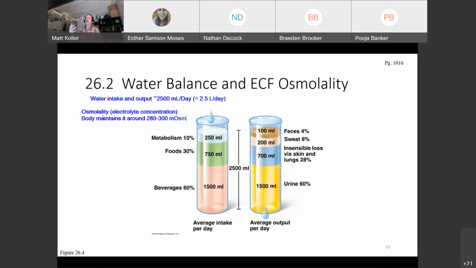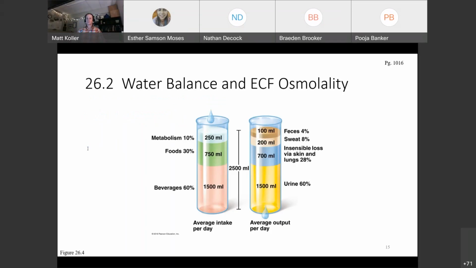That has a very high osmolality. In fact, about 30% of the Dead Sea is salt. There's such a high salt concentration that nobody can sink in the Dead Sea. The osmolality is so high that everybody floats if you go swimming in there.